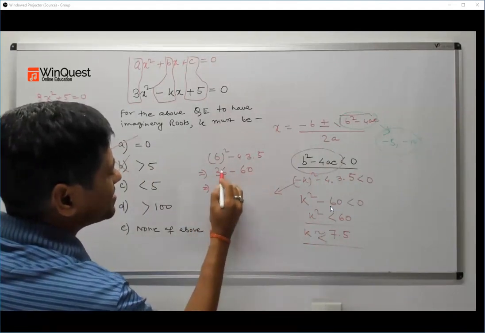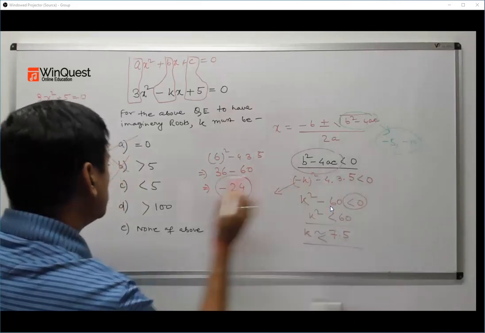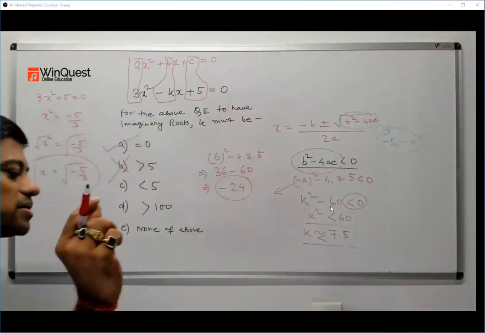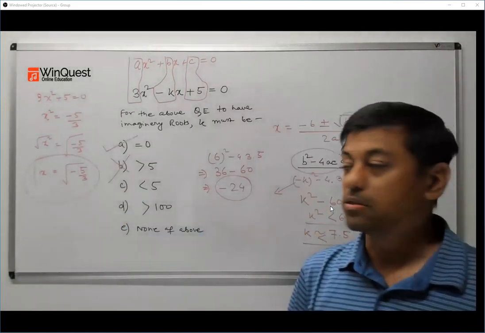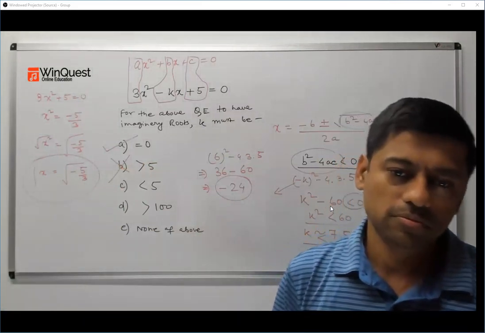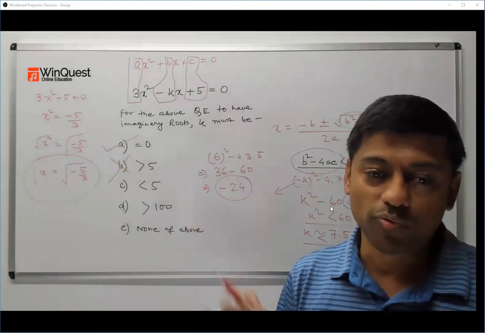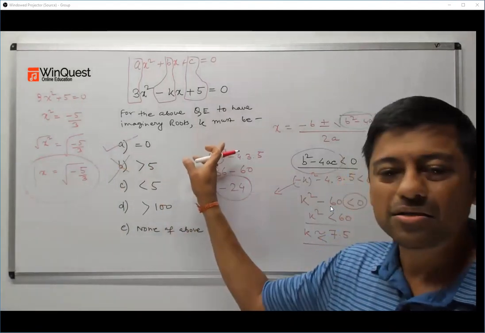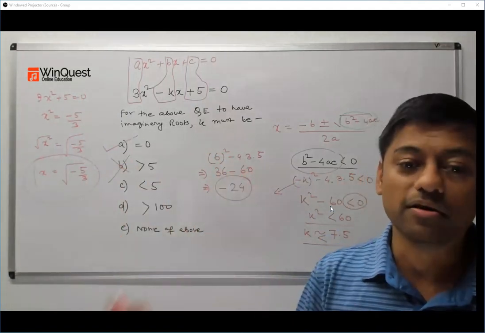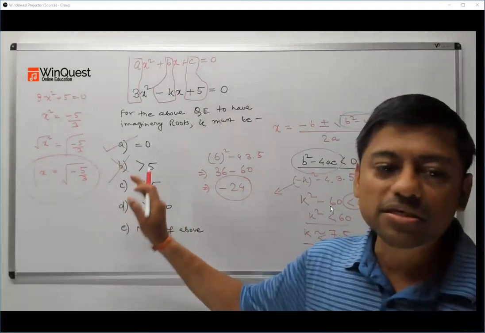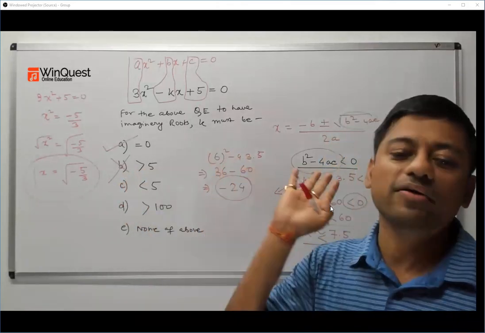This becomes minus 24, which is less than 0. So for the value 6, only 6, it will work. 7 also will work. 8 won't work, because 8 square means 64, and 64 minus 60 is a positive number. Then it will fail. But the answer should be chosen based on whether all values greater than 5 will apply or not.